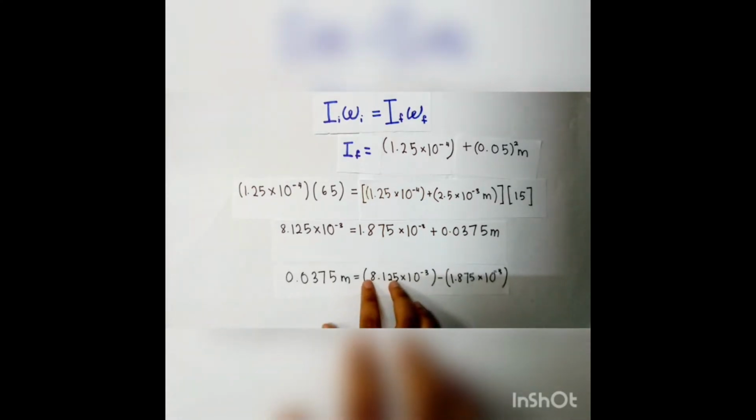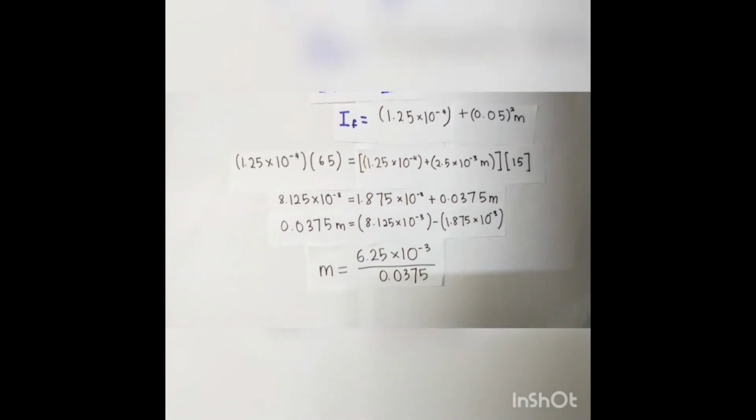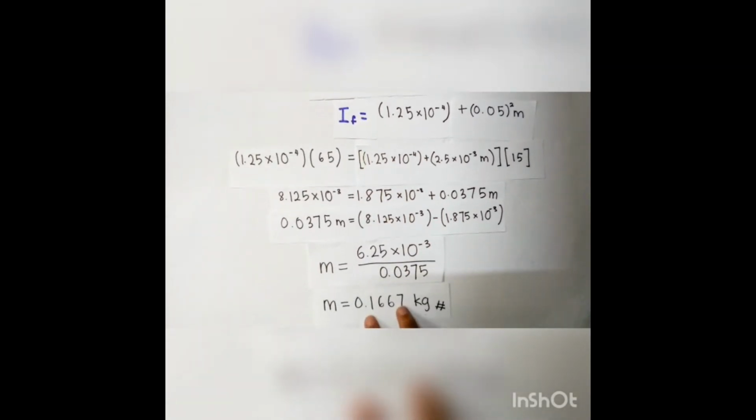After that, we will get 0.0375 m is equal to 8.125 times 10 to the negative 3 minus 1.875 times 10 to the negative 3. After that, we find m, and the answer we will get is m equals 0.1667 kilogram.